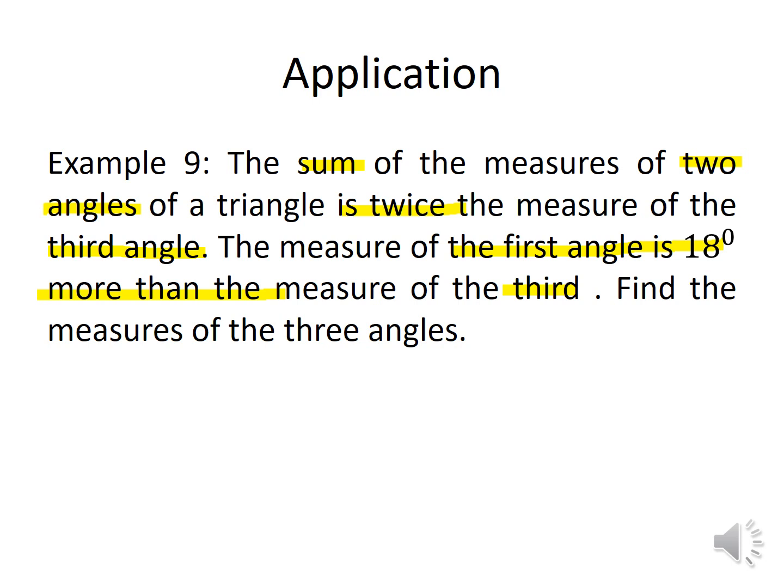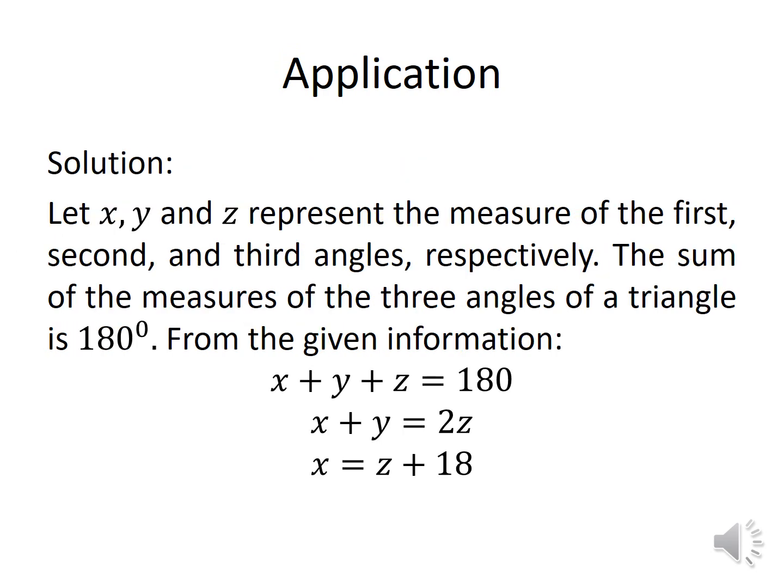Look at the solution on the next page. We let x, y, z represent the measures of the first, second, and third angle. The sum of the measures of the three angles of the triangle is 180 degrees.